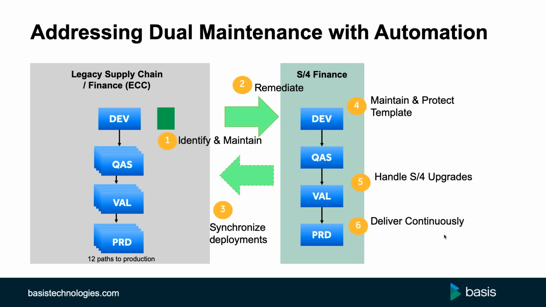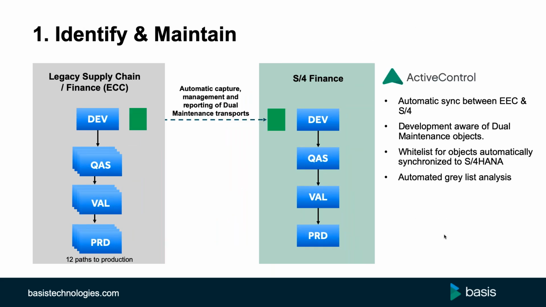And then lastly, how does the tool set help to operate that future S4 landscape in a much more modern way, moving more towards continuous delivery type of practices? So we're going to look at each of those in turn. So let's have a double click on the identify and maintain challenge.